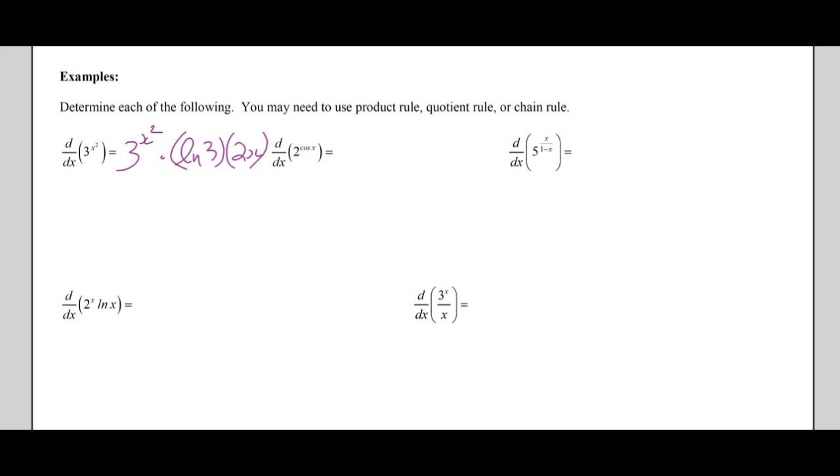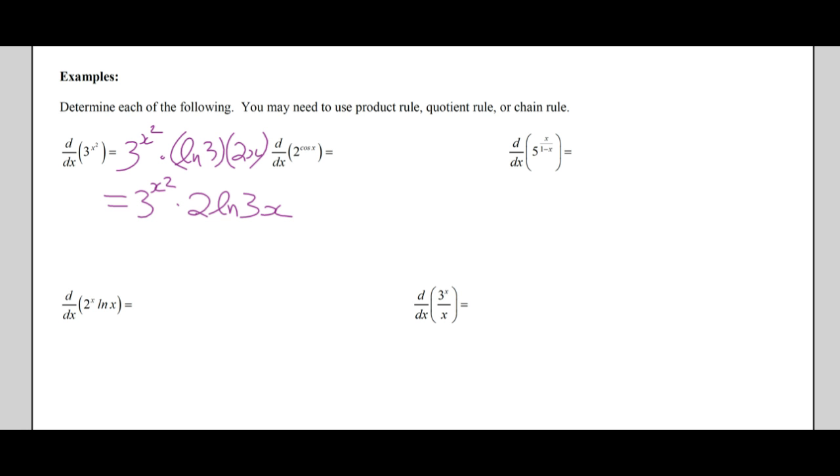So you're basically just repeating whatever, right? I've got an exponential function inside the bracket, so I just repeat that. Then I multiply by the ln of the base. The base in this case is 3. Then, since it's an x squared, I'm using chain rule to multiply by the derivative of the x squared, which is 2x. So we end up with 3 to the x squared times 2x ln 3. What's 2 ln 3?